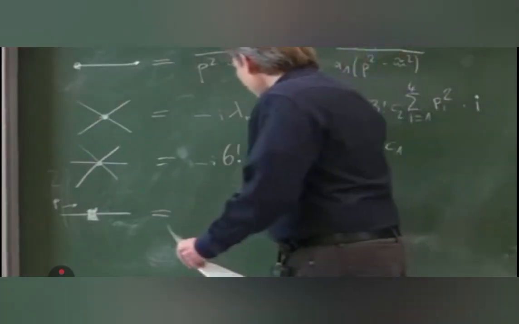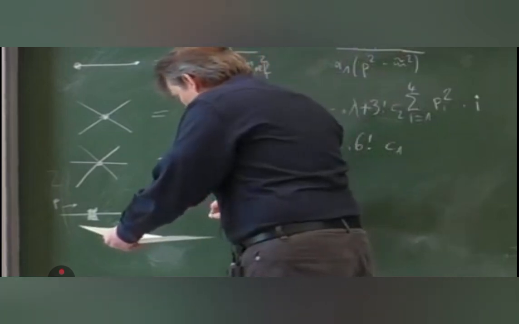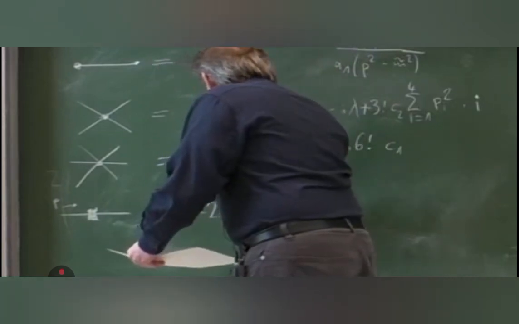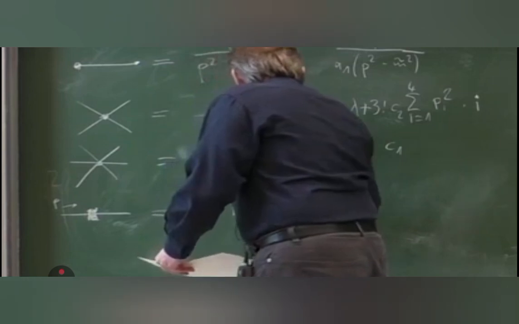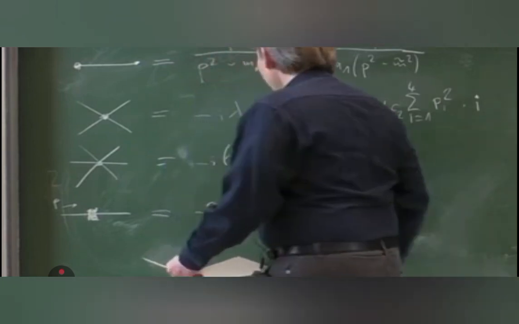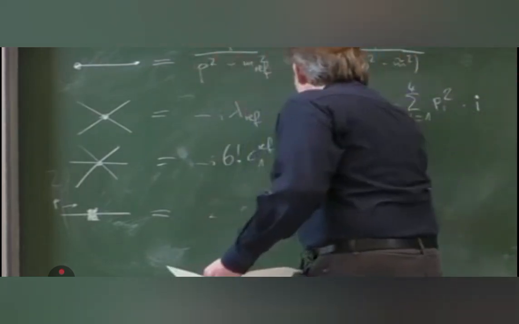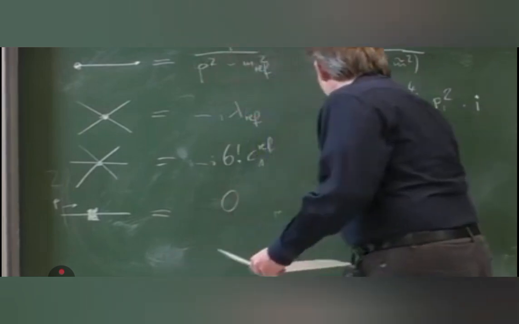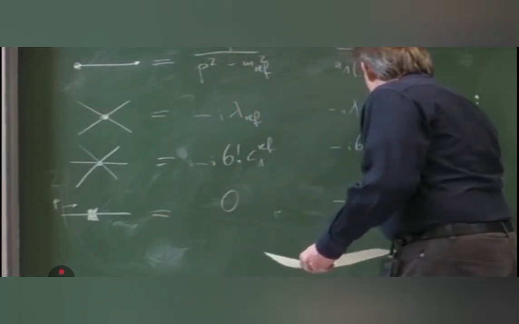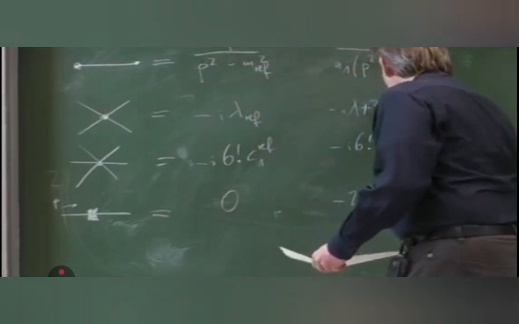And the Feynman rule, according to the usual rule, D'Alembert gives minus p square, D'Alembert square gives plus p to the 4th power, and we have a symmetry factor, so we simply get minus 2 times i C3 p to the 4th power. This applies only to the general case, so in the other it is 0, and here we have minus 2 i C3 p to the 4th power.